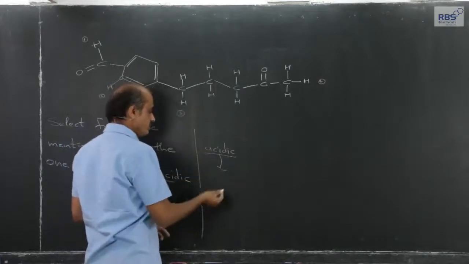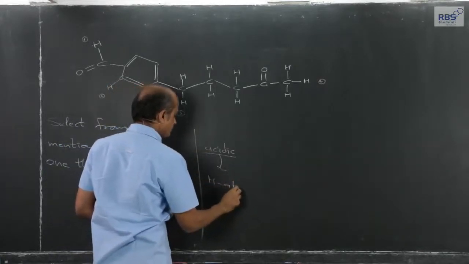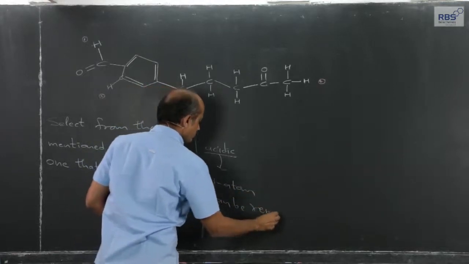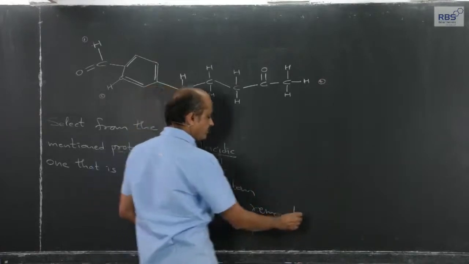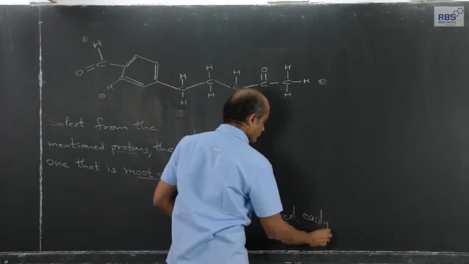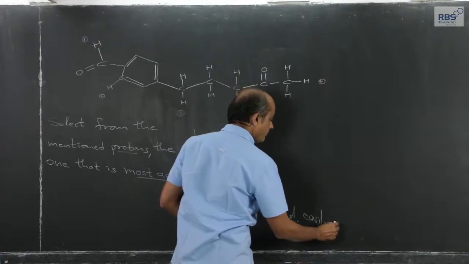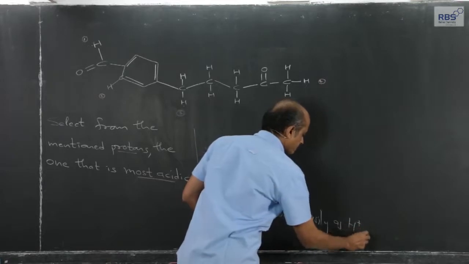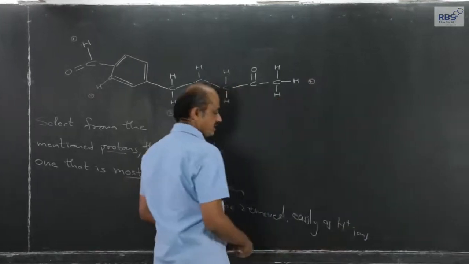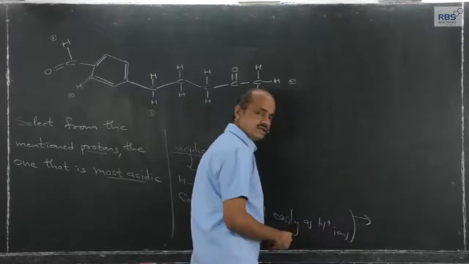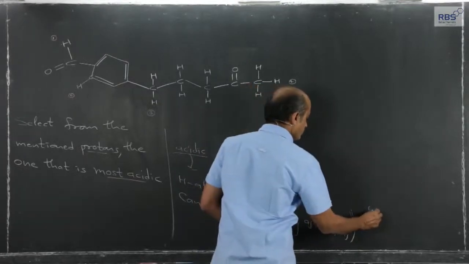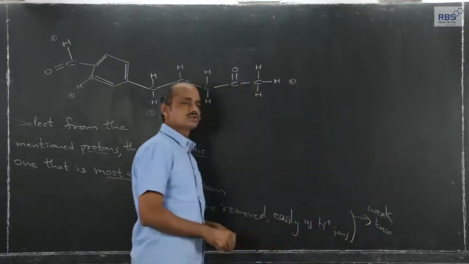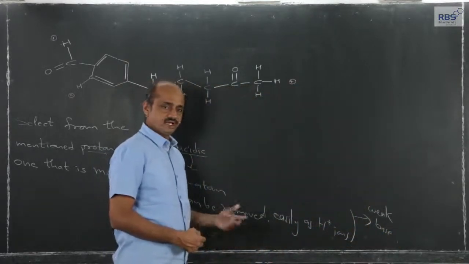It means among these 4, which hydrogen atom can be removed easily in the form of H plus ions, especially in the presence of a weak base or a strong base, dilute. It should be dilute.